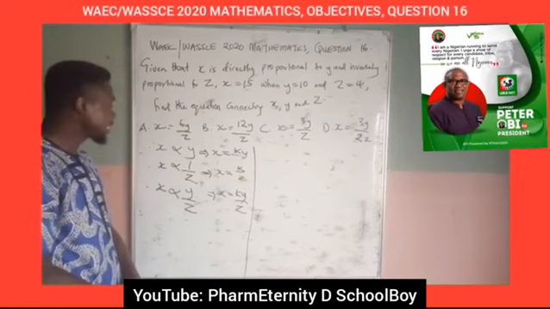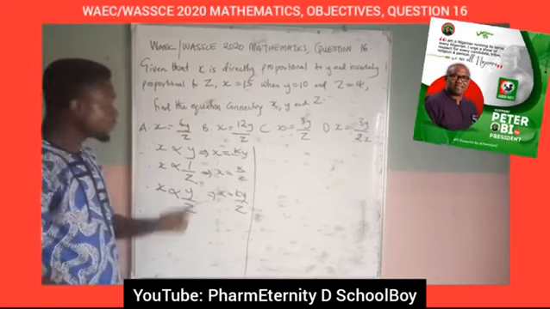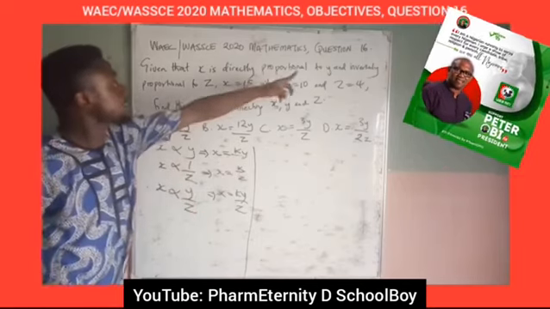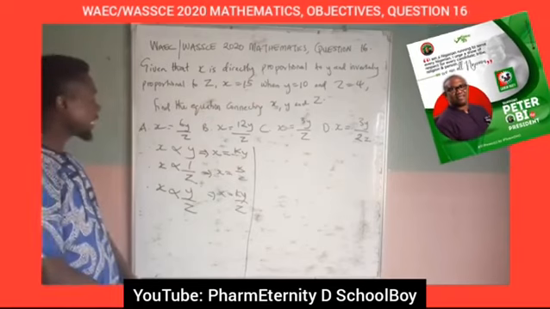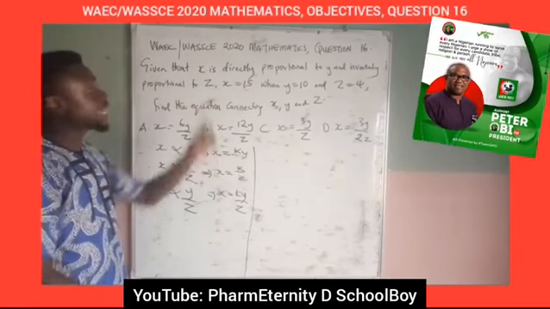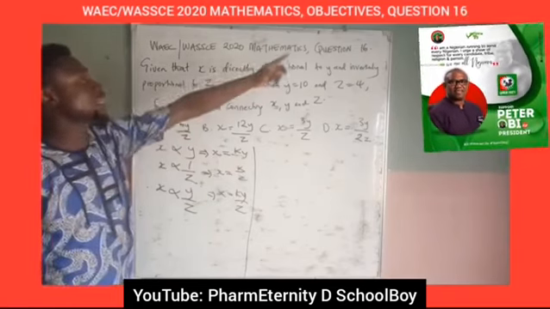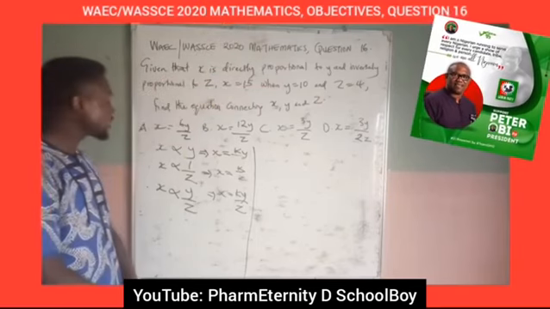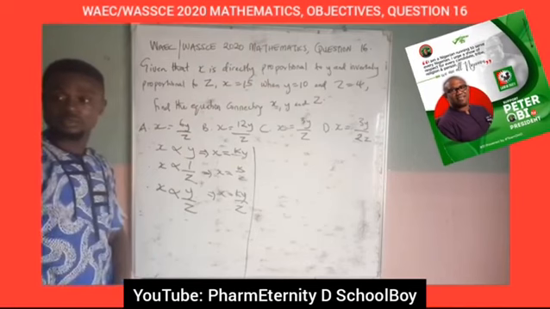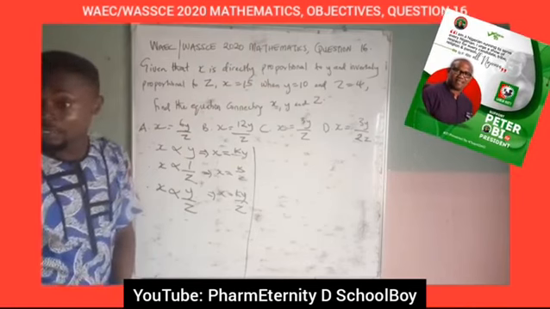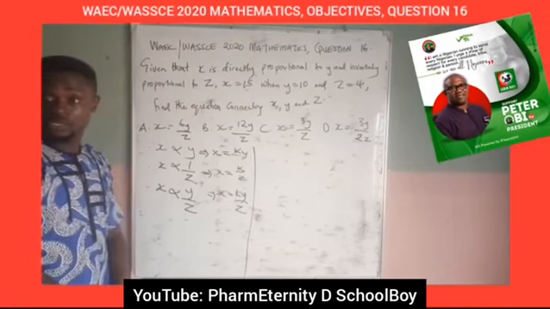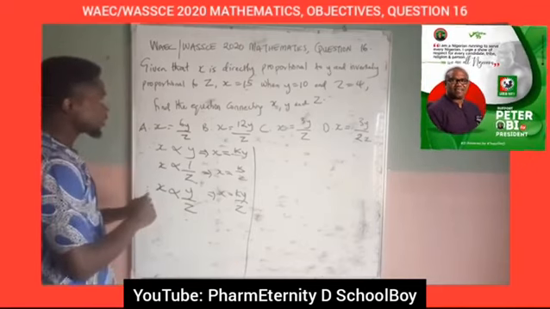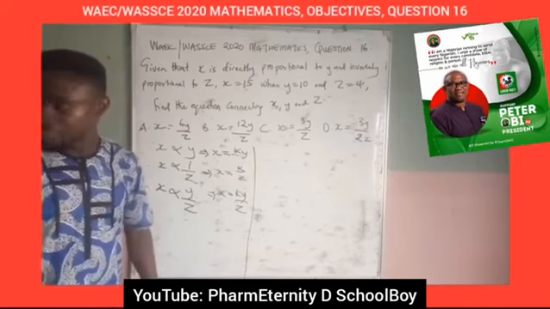It can't be direct, because direct has only x and y, but this has x, y, and z. x is directly proportional to y, and the same x is inversely proportional to z. So which one are they talking about? Joint. Agreed? Joint.